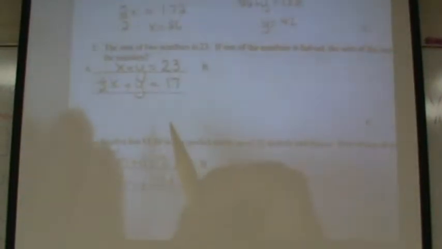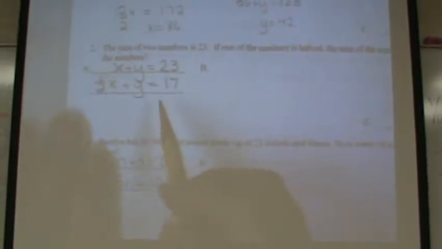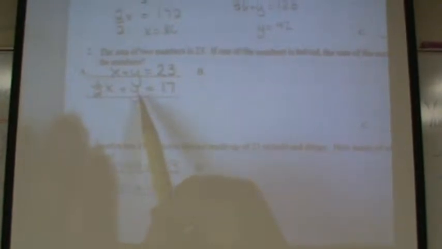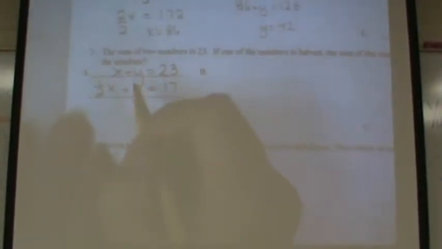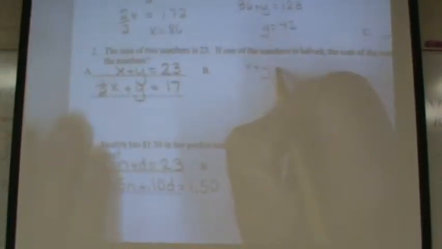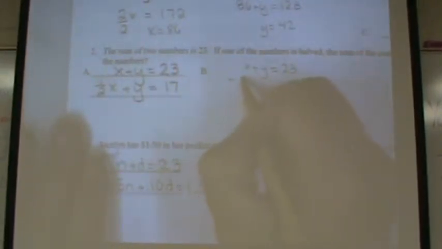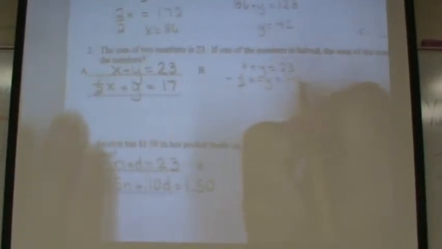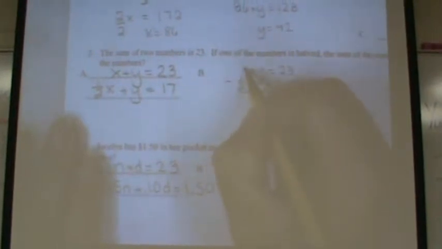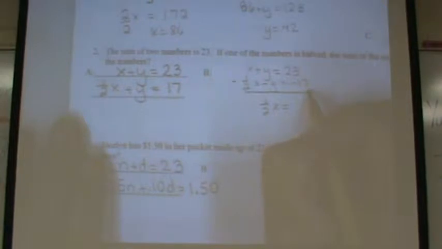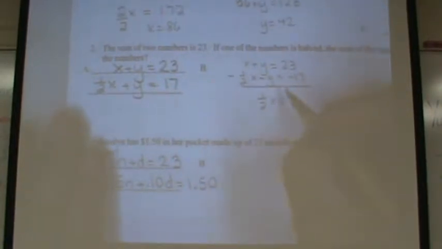Number 2, I would take the difference of these two instead of adding them down because these are both y's. So if you turn one of the equations, x plus y equals 23, and make this negative 1/2 x minus y equals negative 17, and if you add, 1 minus 1/2 is 1/2 x, and you get 6 here, and then multiply by 2, x is 12.